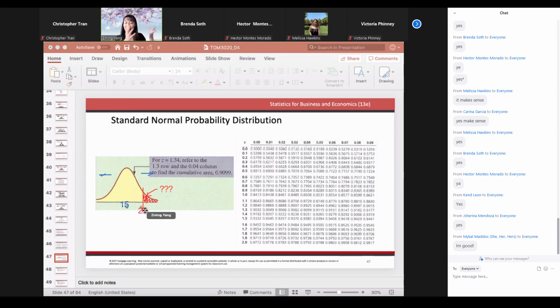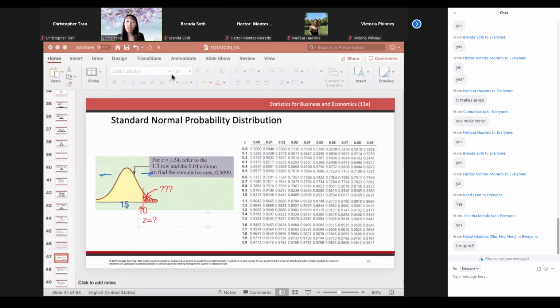Okay, so that's the situation we're facing, right? And by translating it into this curve, now we know which area we need to figure out. And we know that is the exact probability. It is the probability of 100% minus the yellow area. So then the question translates to, what is the corresponding z at this point?